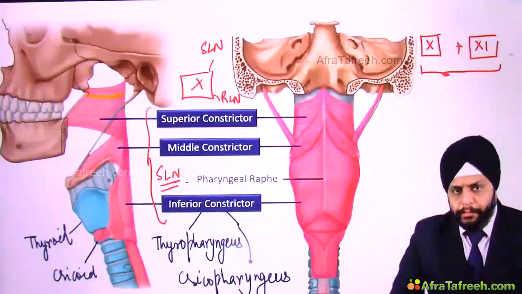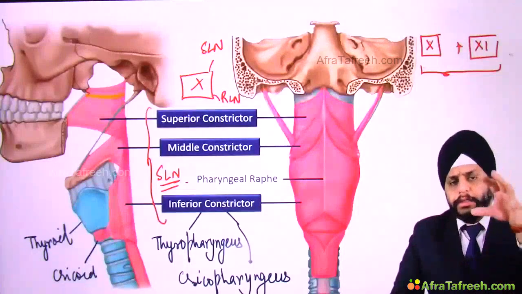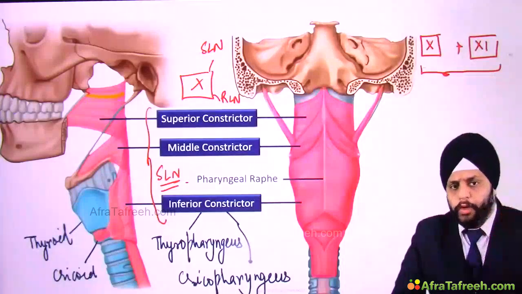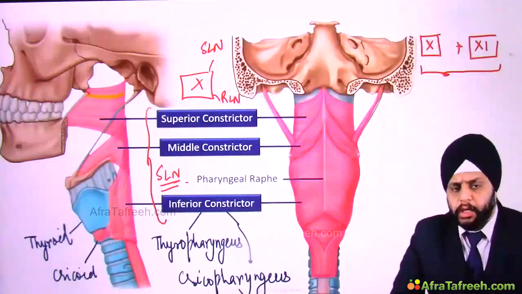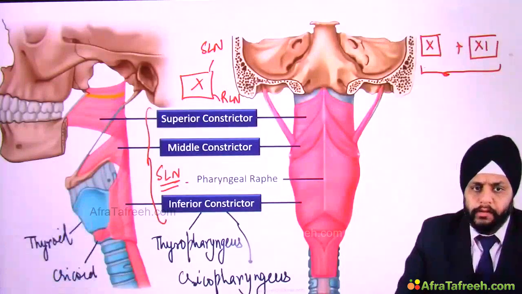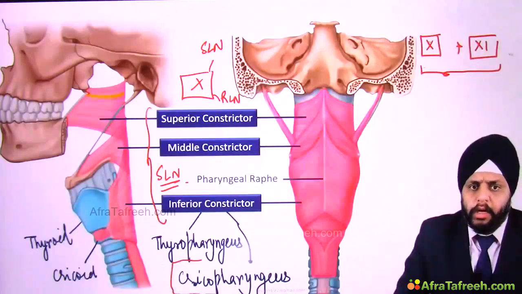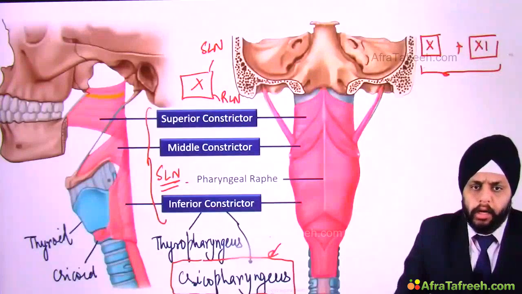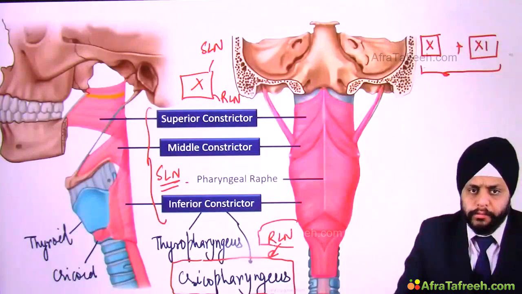Now remember, as I said, all these muscles are supplied by superior laryngeal nerve. That was true for all muscles, including inferior constrictor, except the cricopharyngeus. Remember, the cricopharyngeus is supplied by recurrent laryngeal nerve.